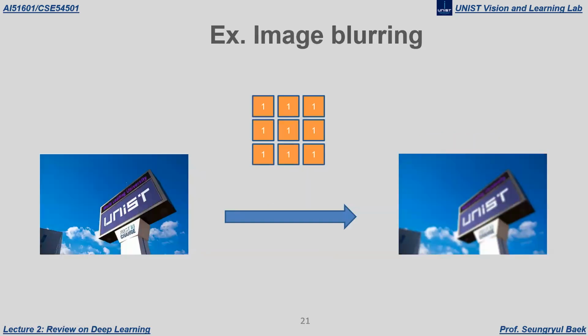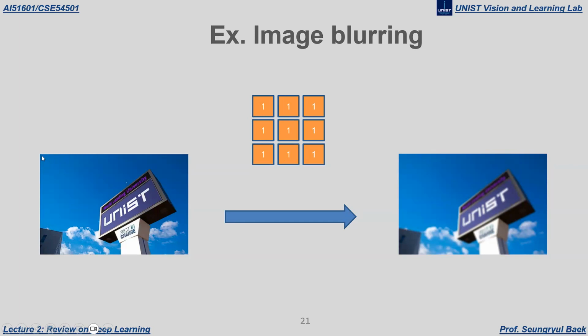For example, if your corners have values like this, all 1, then this will blur your images, okay? Because it has 1s, it will somehow average for 1 output pixel.